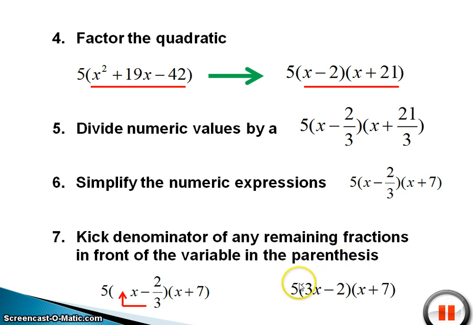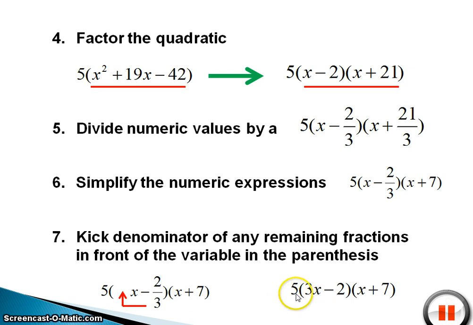Last, and probably most important, any one of the numeric expressions that cannot be simplified, in other words, it remains a fraction, we're going to take the denominator and kick it in front of the variable in the parentheses. So I'm going to take this 3 and move it in front of the x. And at that point, I'm done factoring. I don't have anything else to do here because this one is completely simplified.